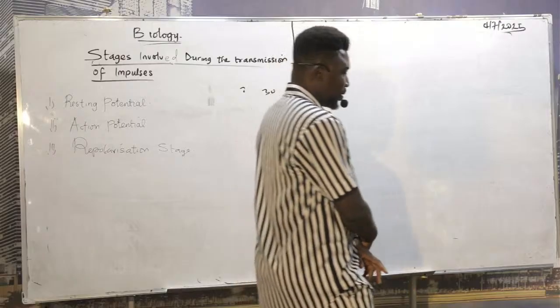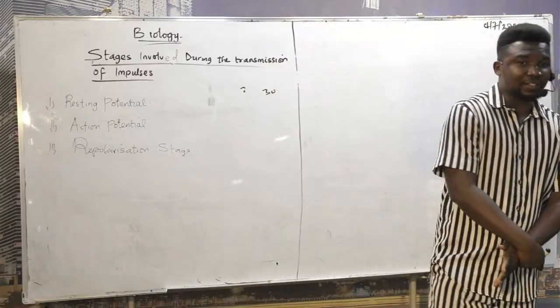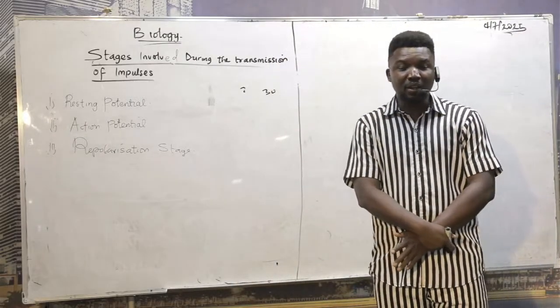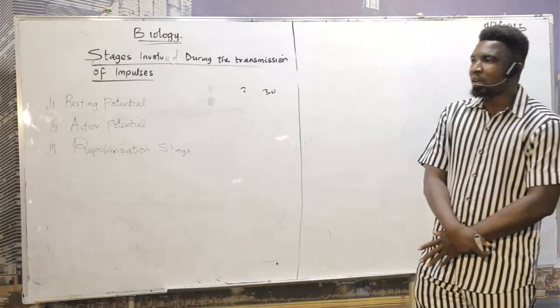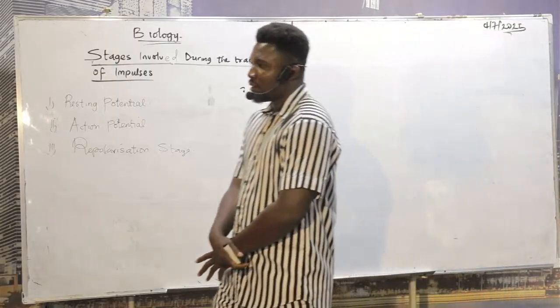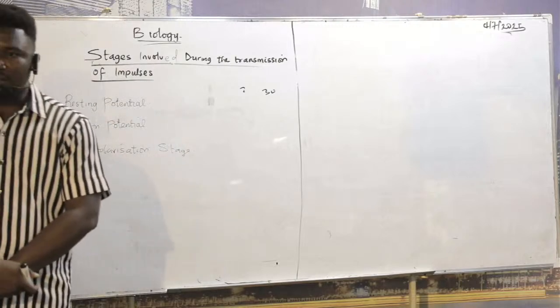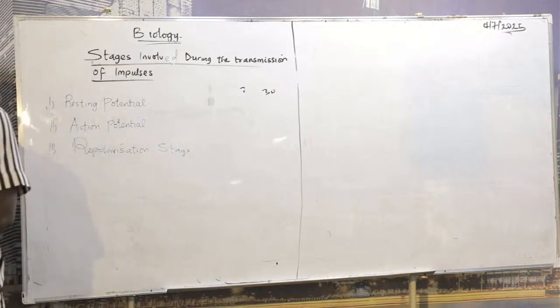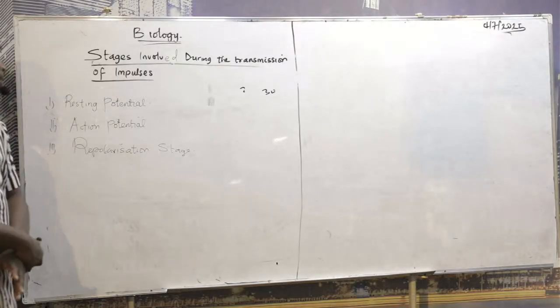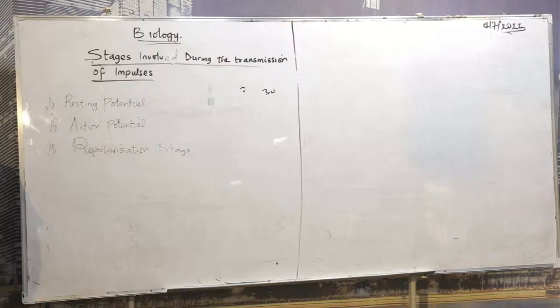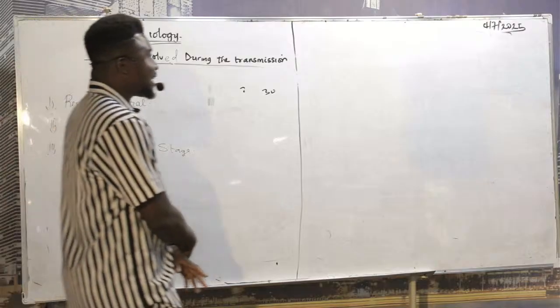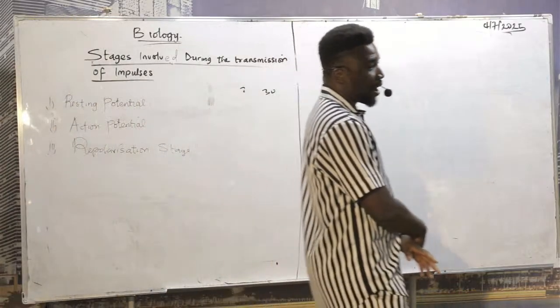We have to look at it very carefully. When a nerve is not transmitting any impulses, that stage is what we call resting potential. At that point, we can say that the nerve is polarized.